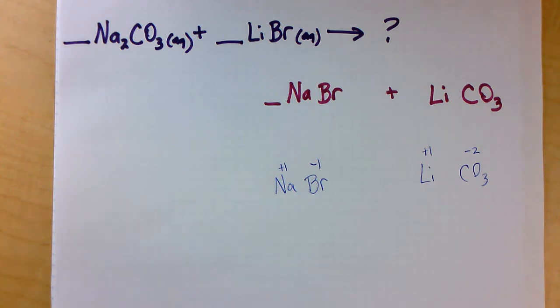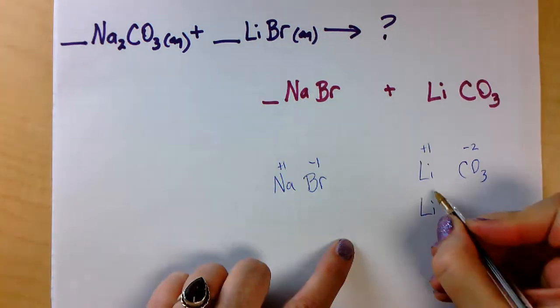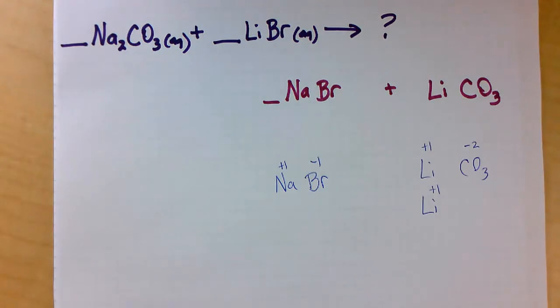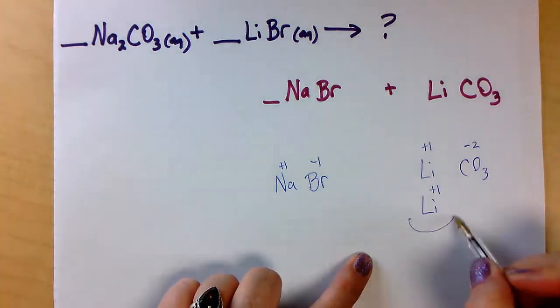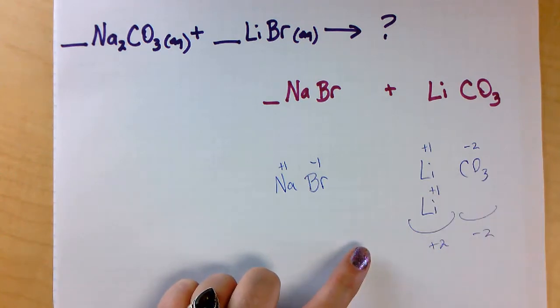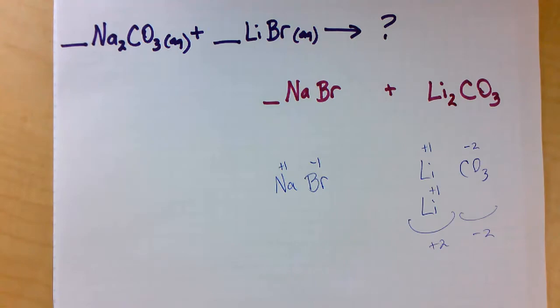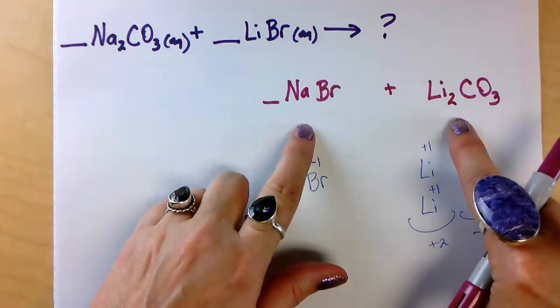What do I need to make the Li and the CO3 add up to 0? If you said another lithium, you are correct. We need 2 lithiums, +2 total, to go with the -2. So we need 2 lithiums for every 1 carbonate. Thus, the formula is Li2CO3. All right, so we've got our charges done.